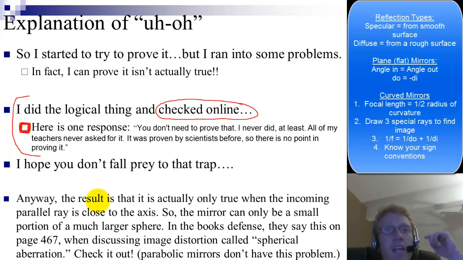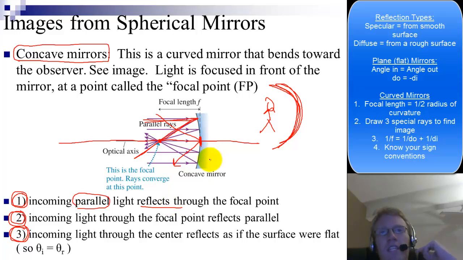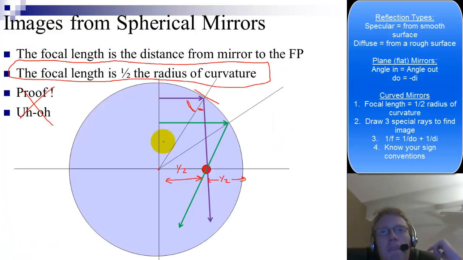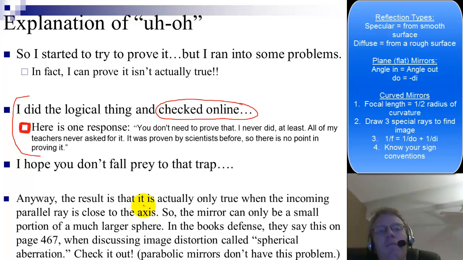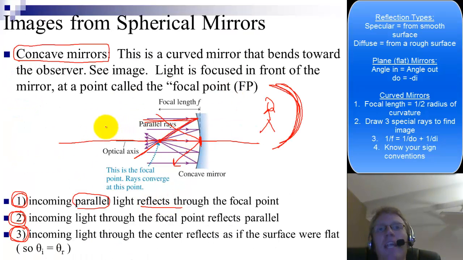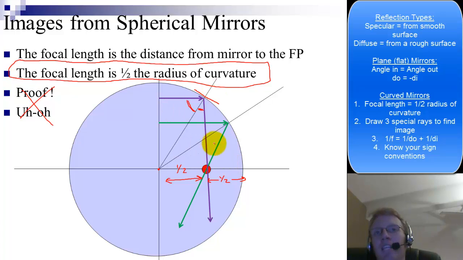So anyway, what I found out is that this approximation, where these incoming light rays come out to the focal point, is only true if the incoming light rays are very close to the optical axis. So according to this picture, any of the light rays that are really close are going to bounce out here. But if you have light rays coming in far away, they won't bounce out. And that's exactly what happened in this picture.